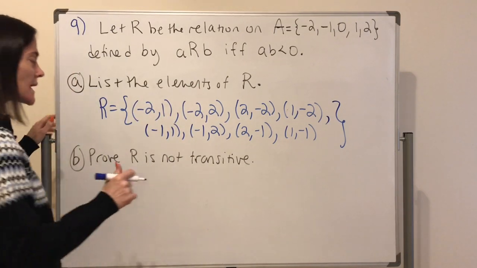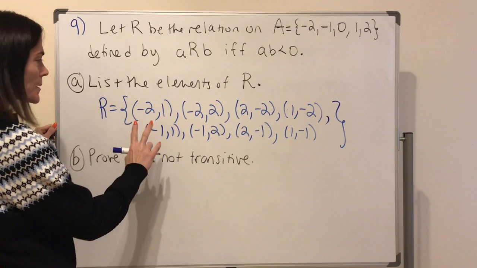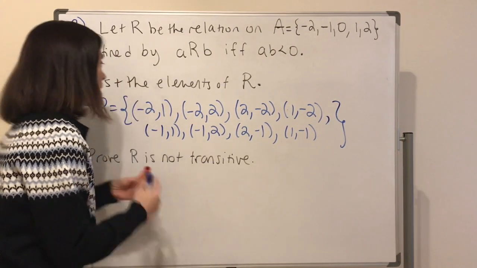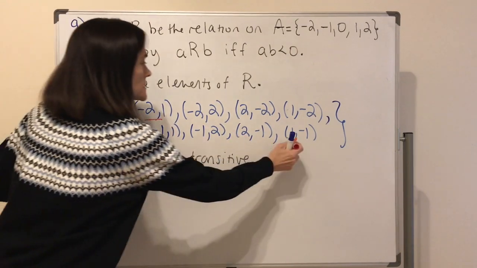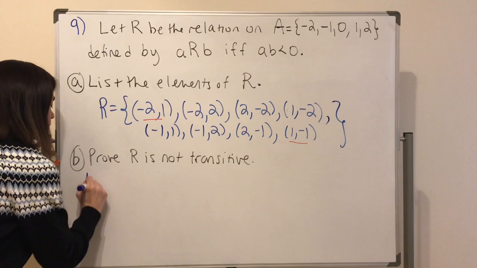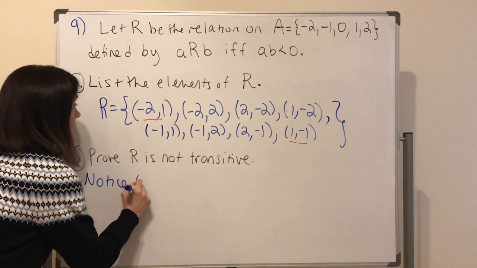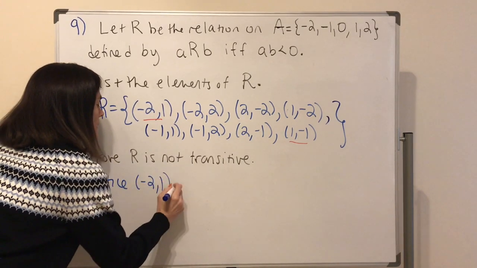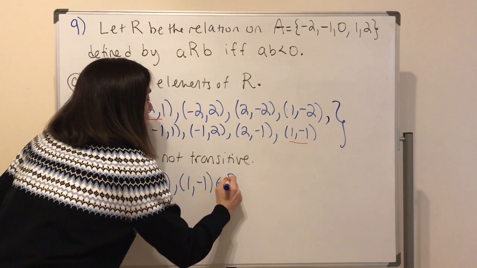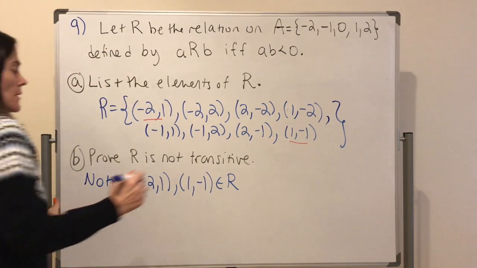So we can just glance and make many examples, but right here, let's do the one that I saw first, which was this and this. So we'll just say, notice that 2 comma 1 and 1 comma minus 1 are both in R, okay?